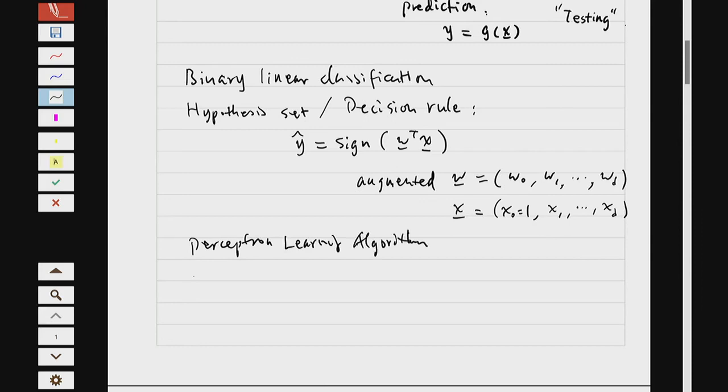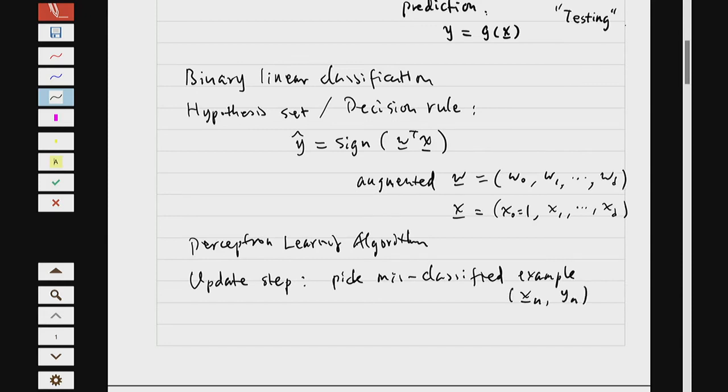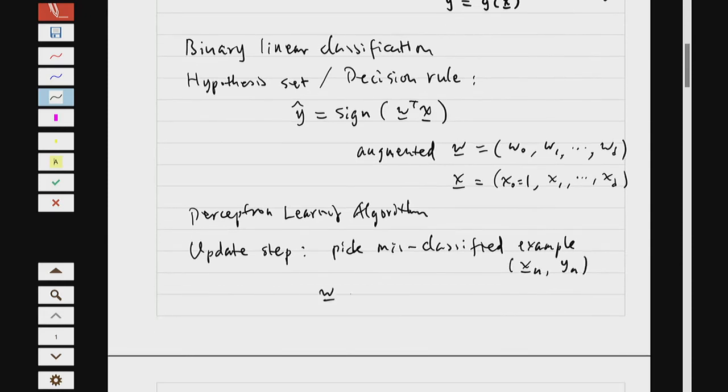It can be summarized very quickly by the updating step. The update step says you pick any mislabeled or misclassified example, let's call it xn with the true label yn, and then you update this w with this.